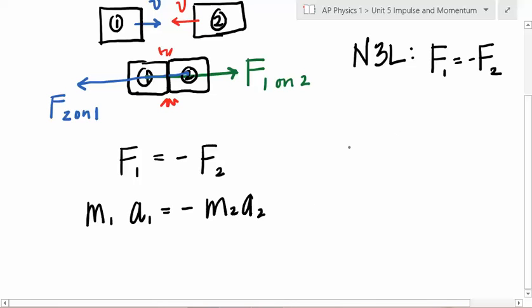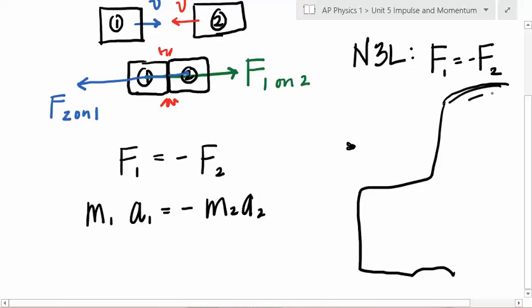So if you've got a fly and you have a big giant Mack truck, and the big giant Mack truck is coming towards the fly, and it has a velocity, it's going this way, or maybe it's not even moving, but then this guy is moving this way.